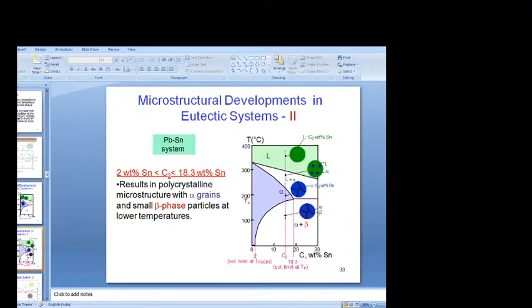Upon crossing the eutectic isothermal, the liquid transforms into the two alpha and beta phases.